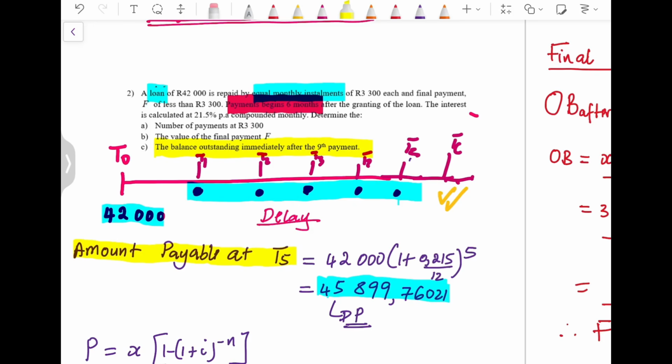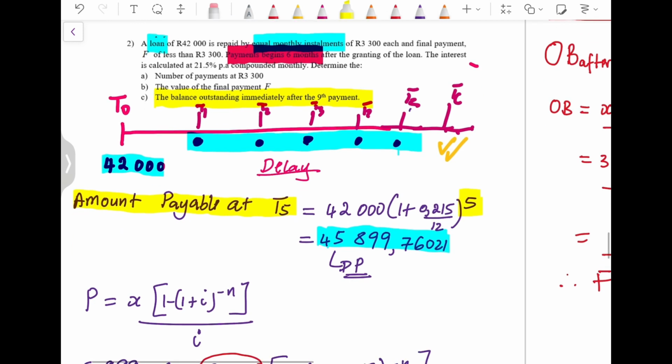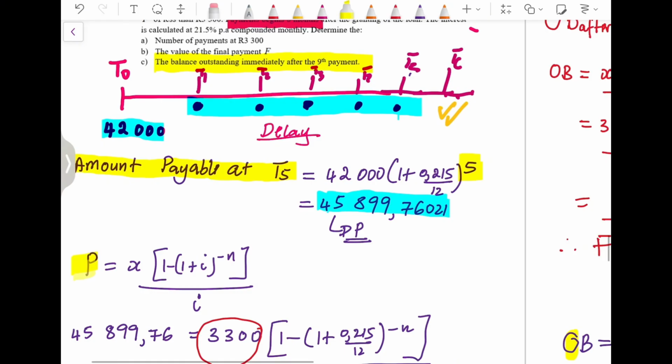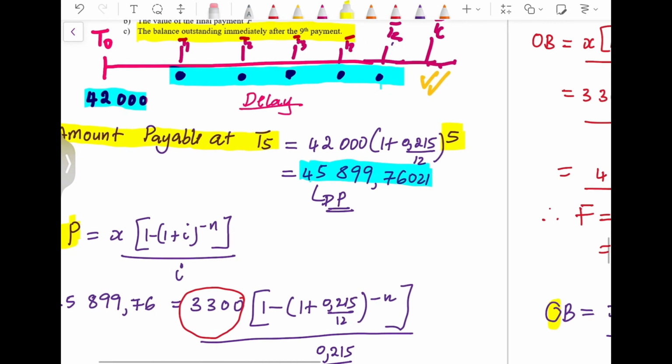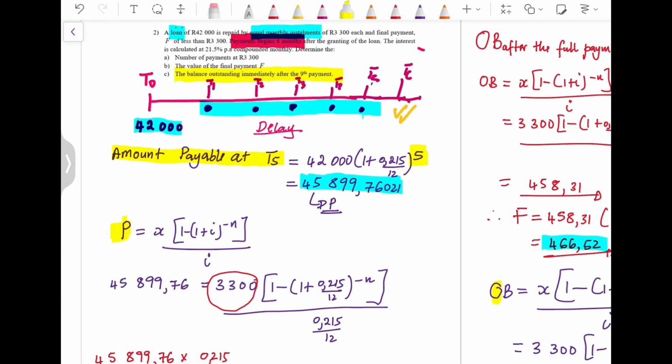So that means month number 1, month number 2, month number 3, month number 4, and month number 5, the person delayed. So that is why the loan gained interest for those 5 months. And then you take this accumulated or this amount payable, and then you put it where there is P, and then you can start with your calculations.